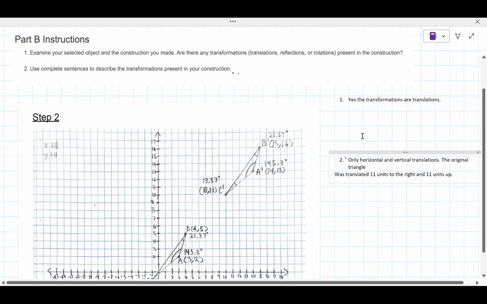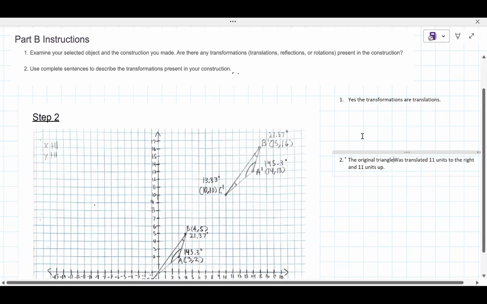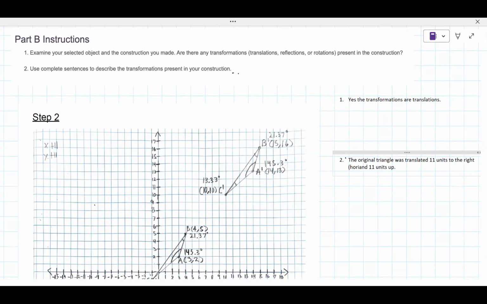Then two goes more into depth, and you would say the original triangle was translated 11 units to the right, horizontally, and 11 units up, vertical.